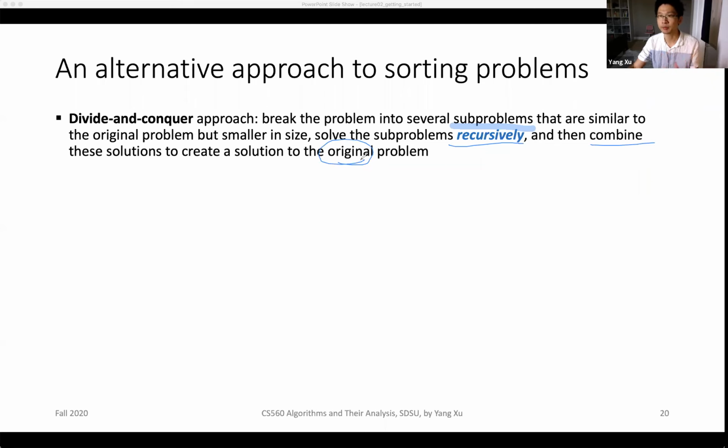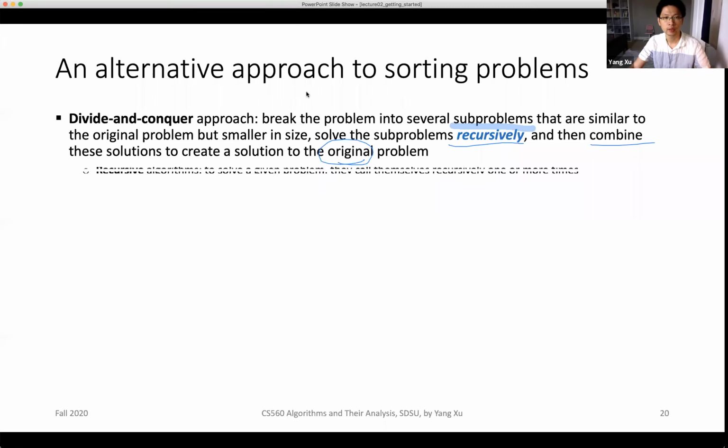So the original problem is of bigger size than the sub-problems. This is a very short one-sentence description of the so-called divide and conquer approach. With respect to this approach, we have a specific chapter in the coming video lectures for the family of divide and conquer algorithms. We mentioned that we need to solve the sub-problems in a recursive style.